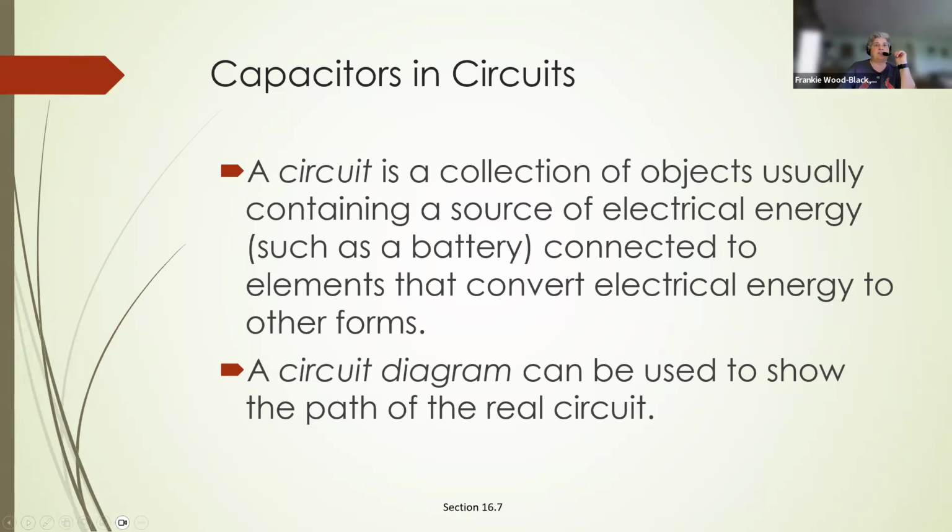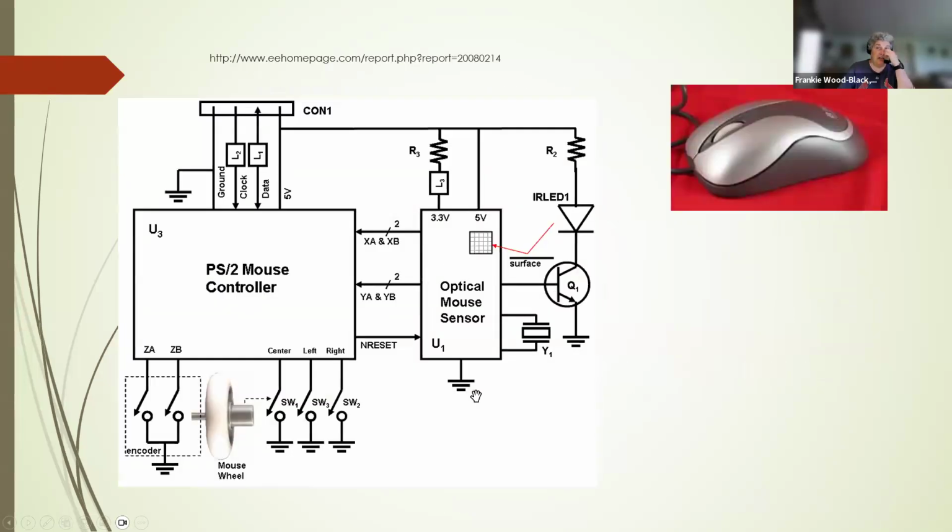So we start drawing circuit diagrams. This is a circuit diagram for our computer mouse. And this right here is going to represent our capacitor. This symbol right here has a little dielectric. And when I click my mouse, that's what we're dealing with, that click that's in here. These are resistors. You'll see that as a resistor.